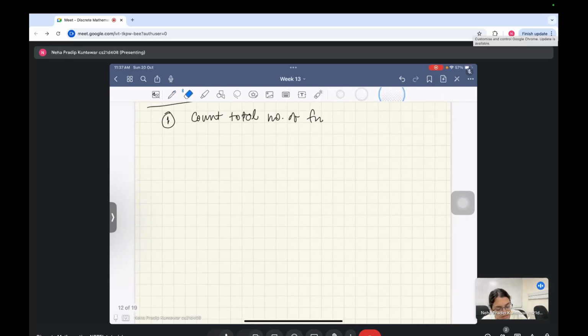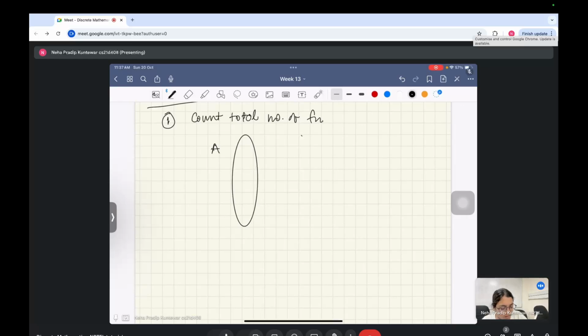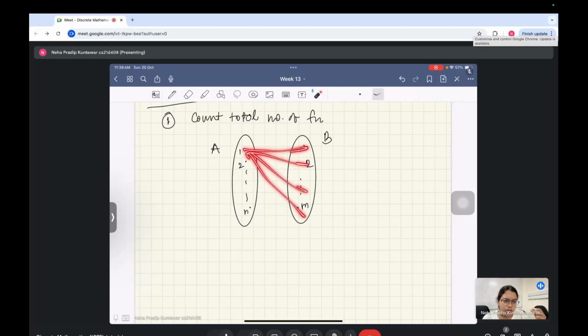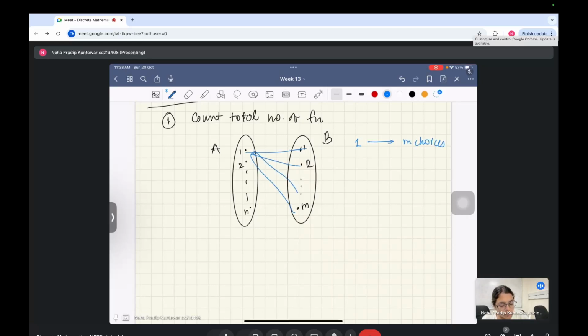So you have a set A, and you have a set B, and there are, say, n elements here, and there are m elements here, and I want to find the total number of functions that are there. So for the first element here, there are m choices. It can go to any of them. So for the first element 1, there are m choices, like that. So it can go to any one of them.